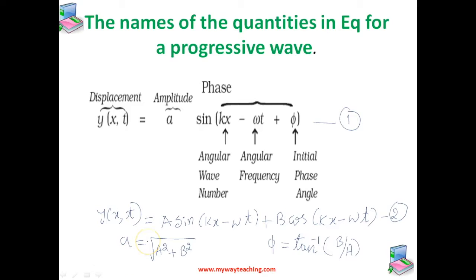To understand why equation 1 represents a sinusoidal traveling wave, just take a fixed instant, say t = t naught.